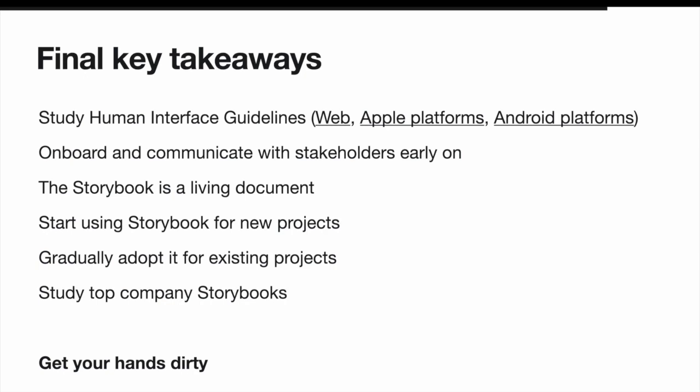And if you already have a project, it's not a problem. You can gradually adopt Storybook, starting with the buttons and covering all your components at some point. And study top company Storybooks.